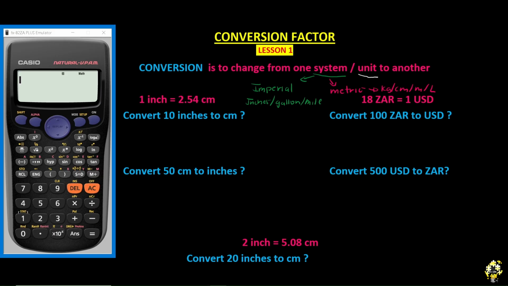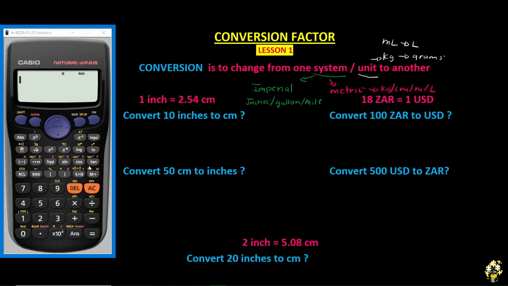The reason the definition says to change from one unit to another is that you could also use a conversion factor to change from kilograms to grams, or from milliliters to liters. That is from one unit to another.